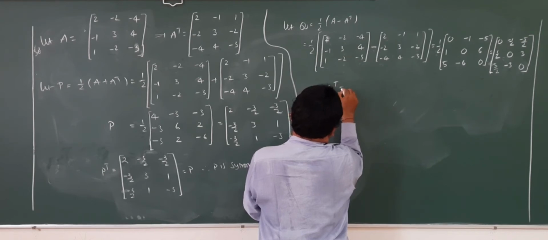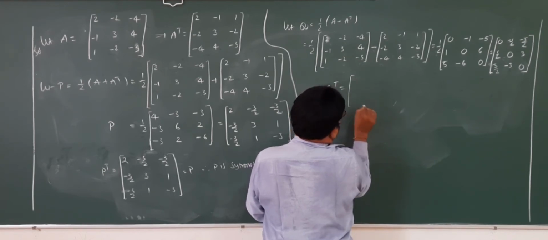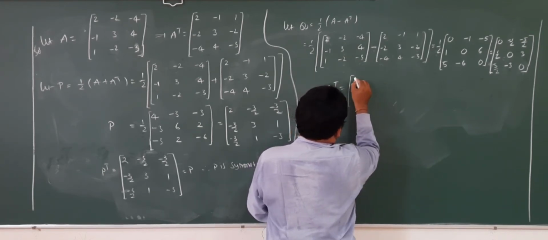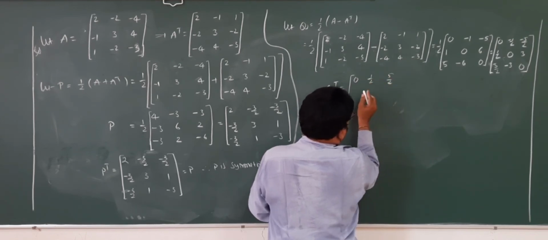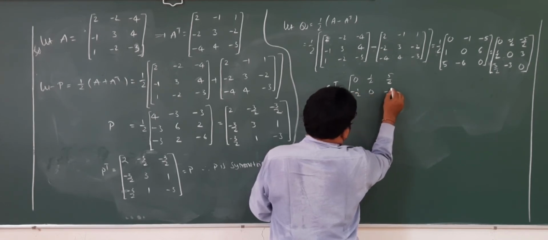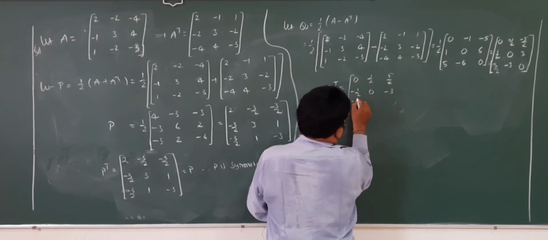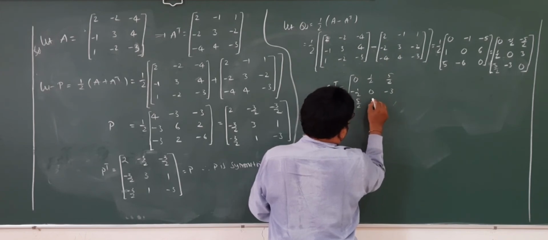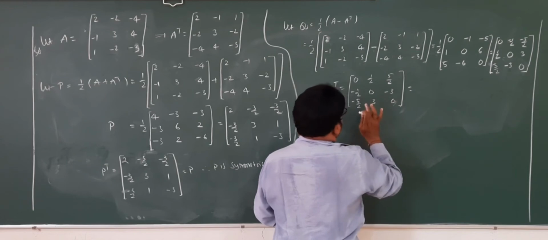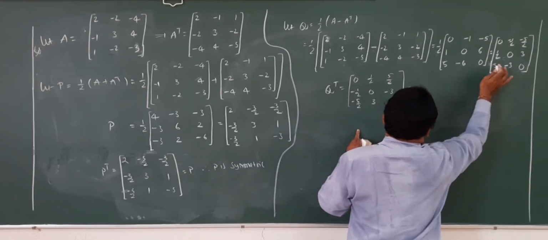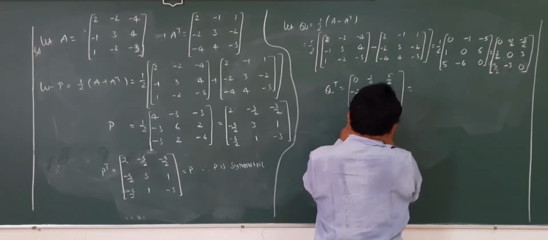Now, Q transpose you get 0, 1 by 2, 5 by 2, and minus 1 by 2, 0, minus 3, and minus 5 by 2, 3, 0. So observe this matrix and this matrix: this matrix is what?